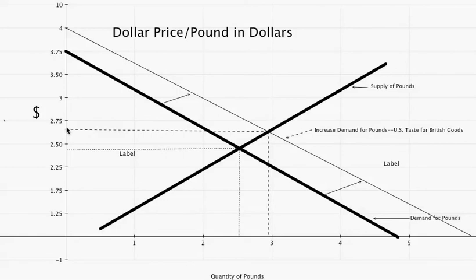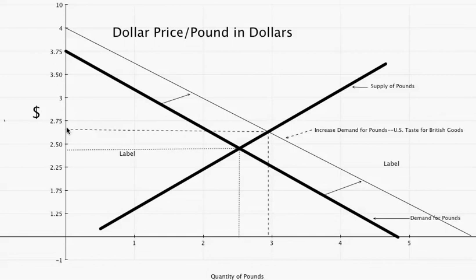Well, that simply is telling us that it's costing us more, of course, to acquire a pound. Therefore, whenever the dollar price, in this case per pound, rises, that is telling us that the dollar is weakening. Let me repeat that. When the dollar price per pound rises from 240 to 260, the dollar is weakening because it's costing us more dollars to acquire a pound.